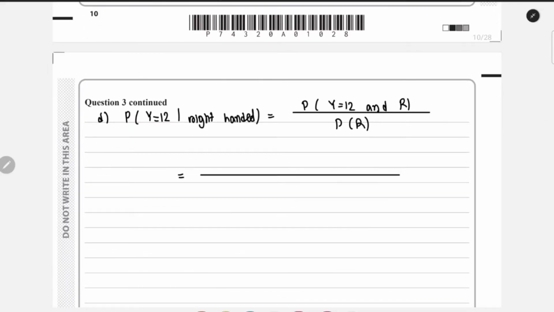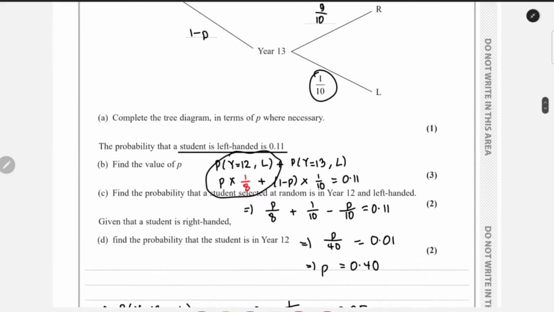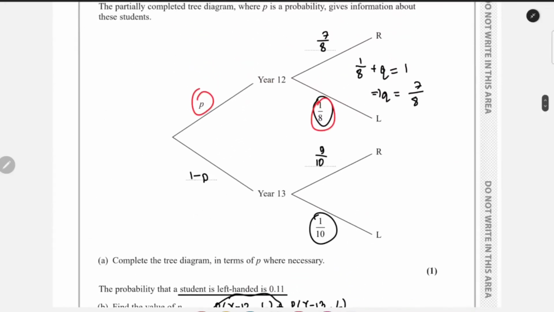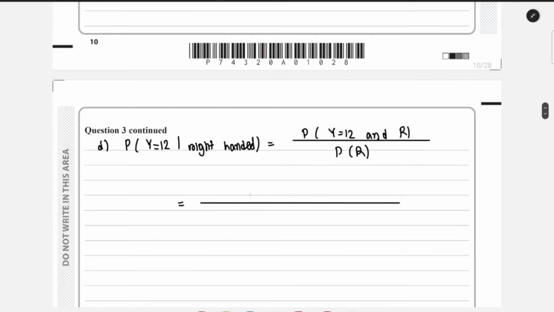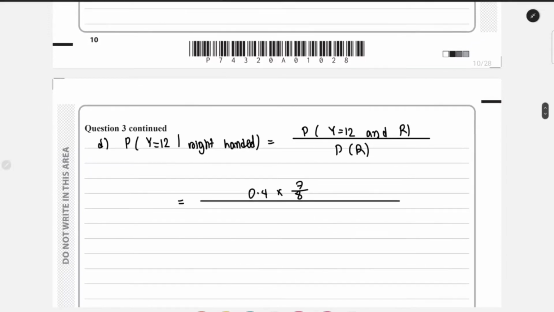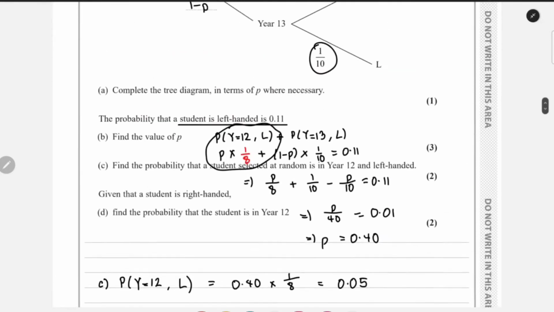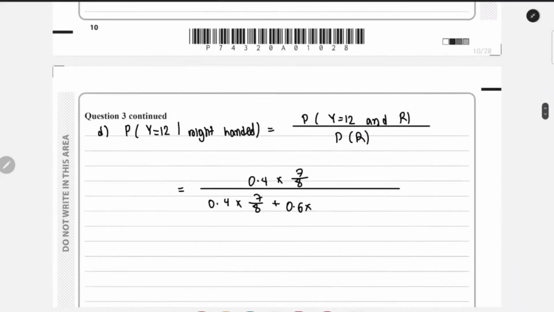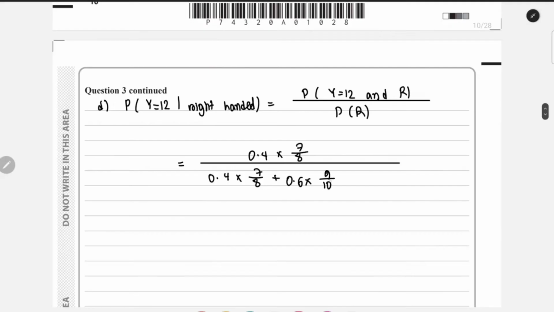So if you do this, year 12 and right would be P times 7 by 8. So P is 0.4, so 0.4 into 7 by 8. In the denominator, we'll have the probability of them being right-handed. So if they're in year 12, this will be 0.4 into 7 by 8, plus, if they're in year 13 and right-handed, we'll have 0.6 into 9 by 10.